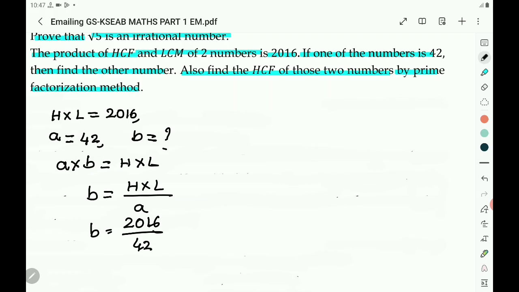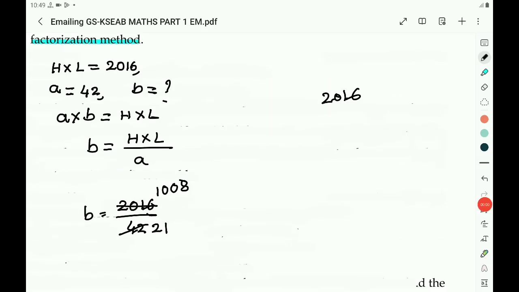Then you divide 2016 by 42. You can divide here also: 2 21s, then 2 1s, 2 0s, then 2 8s. 8 plus 1 equals 9 and 2 plus 1 equals 3. Both of them are in the table 3. 3 7s are 21.